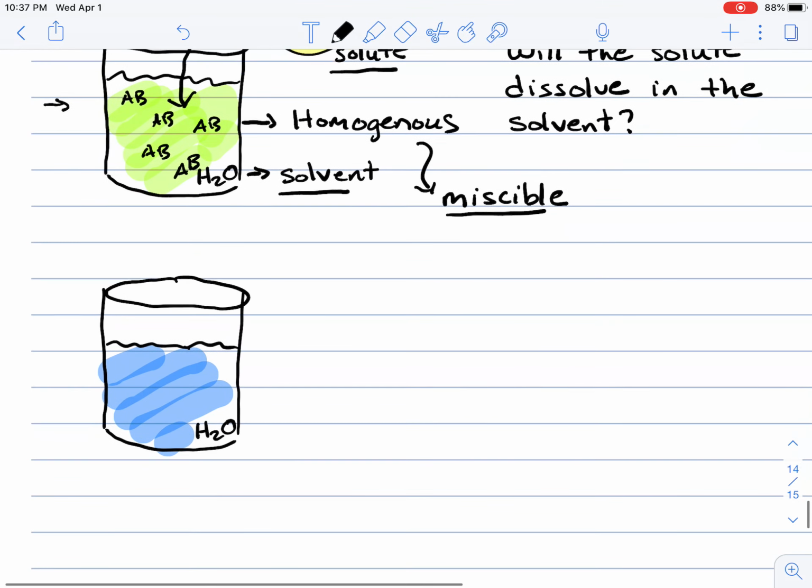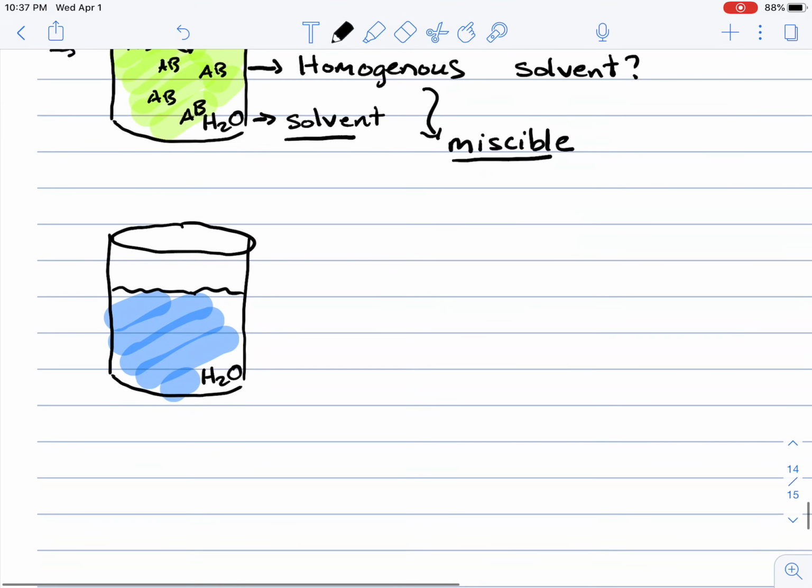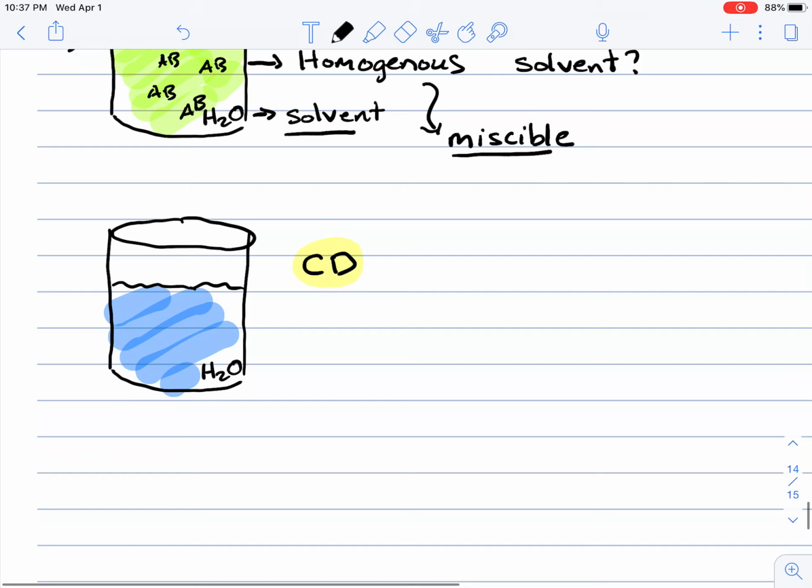Now, if we have another solute, let's just call it CD, and let's just go ahead and keep with our current color coding. So let's just say that this solute CD is colored yellow.